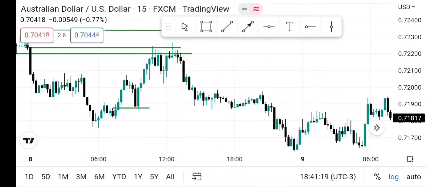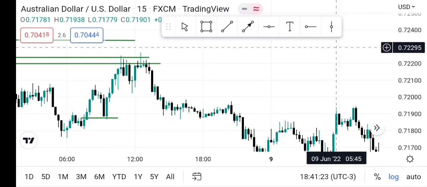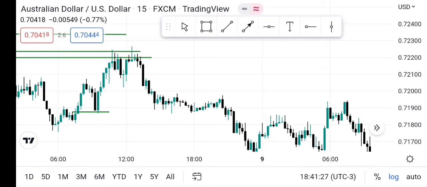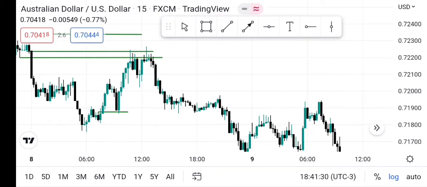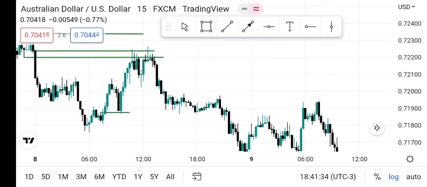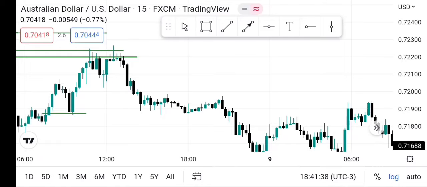We're going to watch how price will react to them, or if price is actually going to react to that level. If so, okay, I don't really think price actually reacted to that level. I don't think price reacted to that level, but let's advance forward.